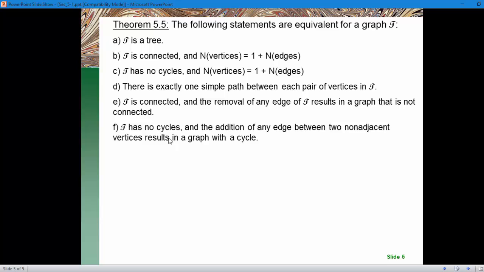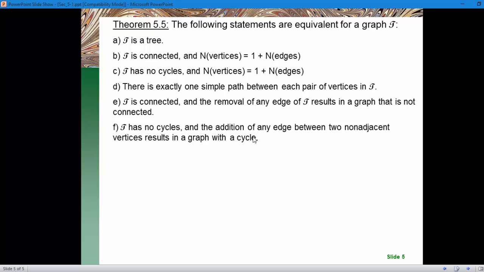And here's the final way to describe a tree. If you see a graph that has no cycles, and you notice that if you add any edge between two non-adjacent vertices, that will result in a graph with a cycle, then you know that that graph is a tree.